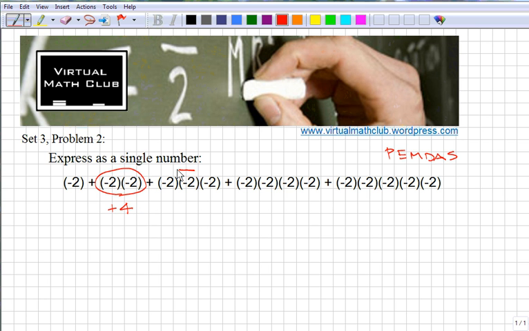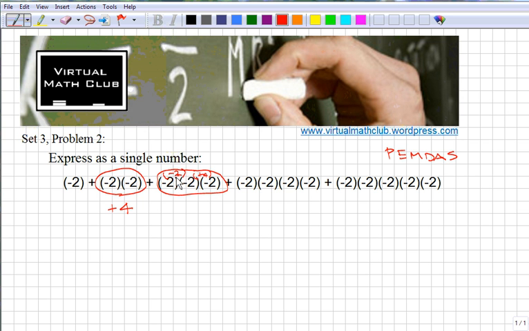And here we have negative 2 multiplied by itself 3 times. First, we just look at 2 of them. Negative 2 times negative 2 is a positive 4. So this is our positive 4, and then we still have a negative 2 here.